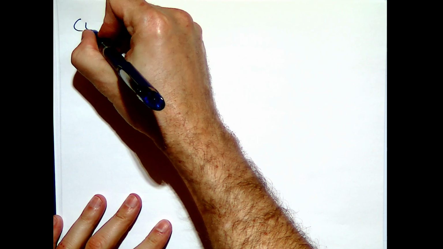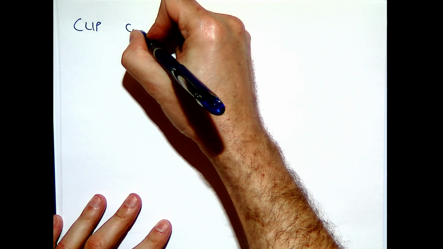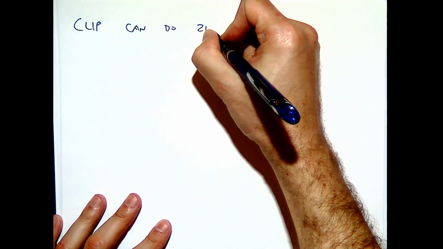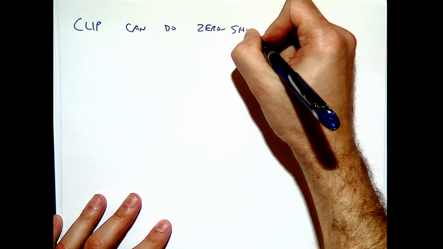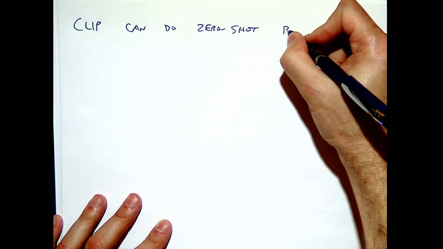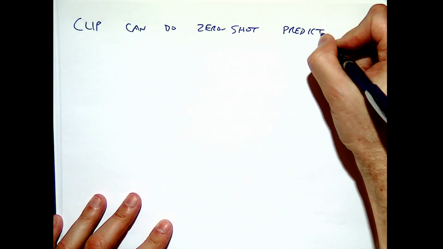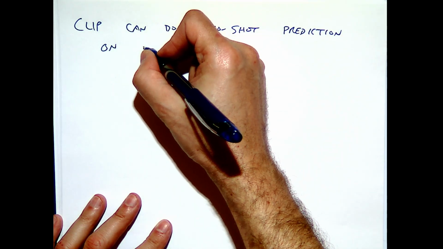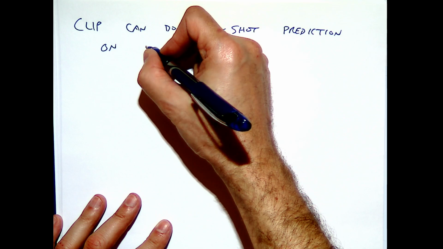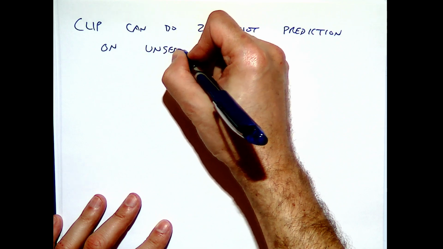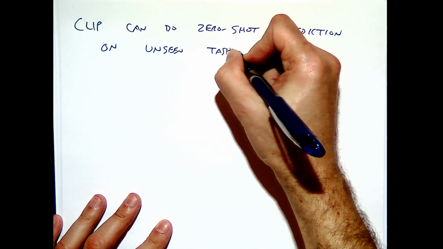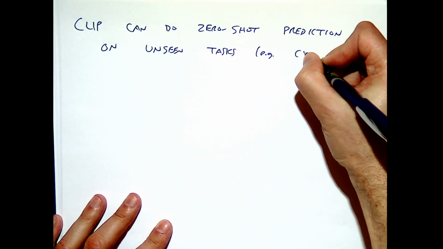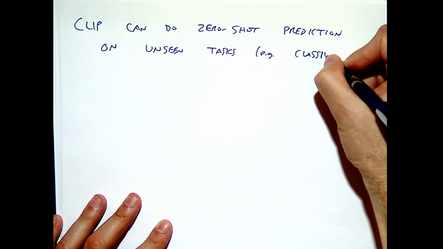So CLIP can do zero-shot prediction on what I guess I would say are unseen tasks, right? For example, let's suppose we wanted to do classification.